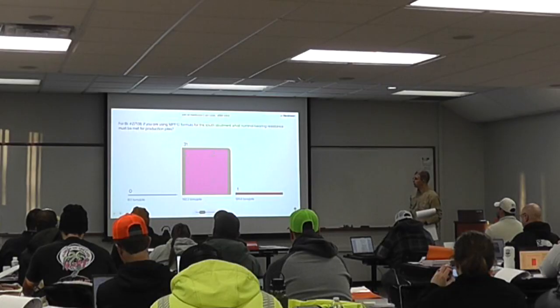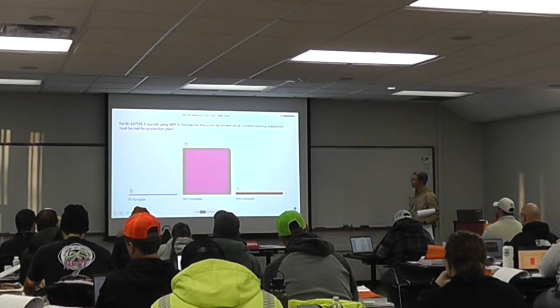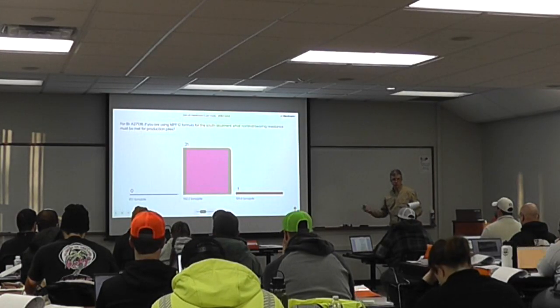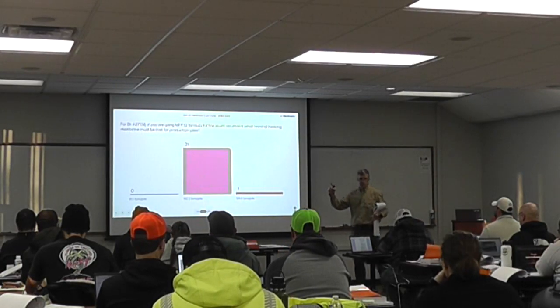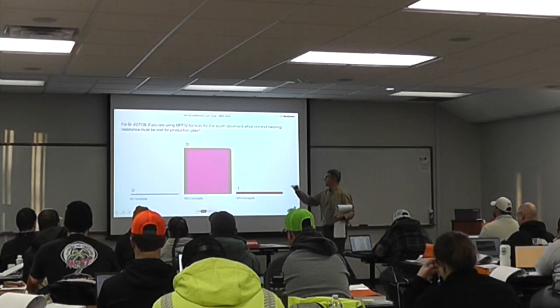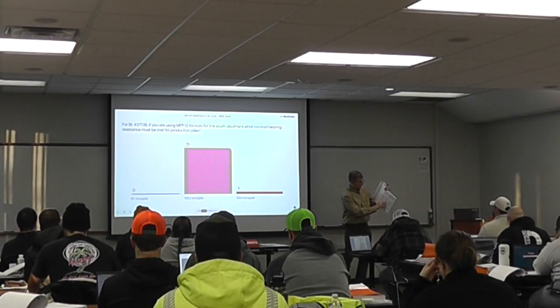For our bridge, if you're using MPF 12 for the south abutment, what nominal bearing resistance must be met for production pile? We're asking a couple things. One, you're using the MPF 12 formula, so you have to know you'd be on that line instead of the PDA line. You also need to know you're on the south abutment. Remember, we have a north abutment and a south abutment.